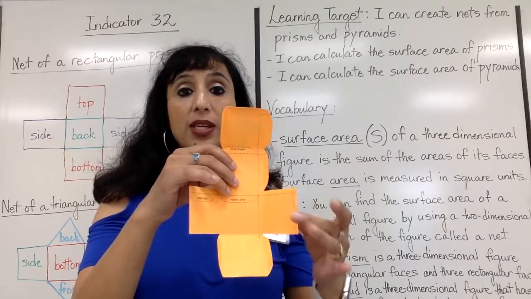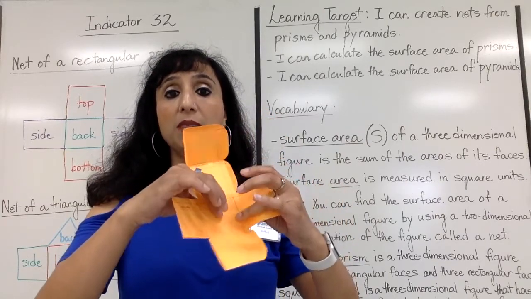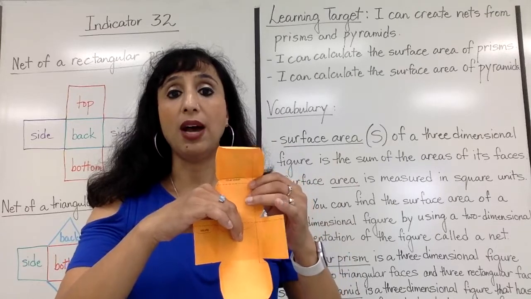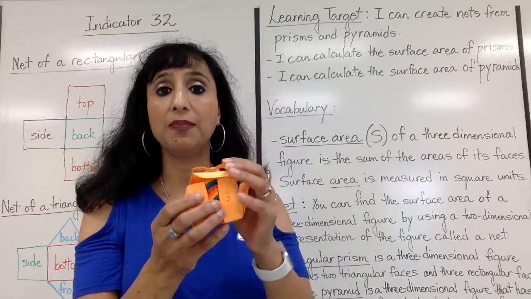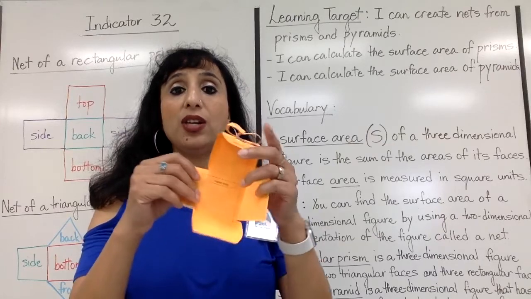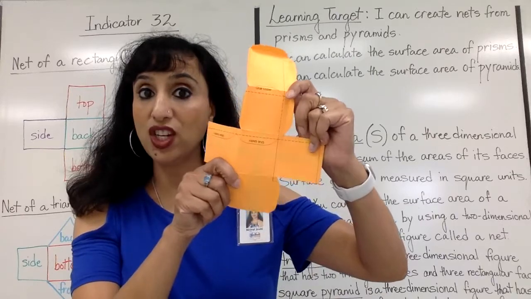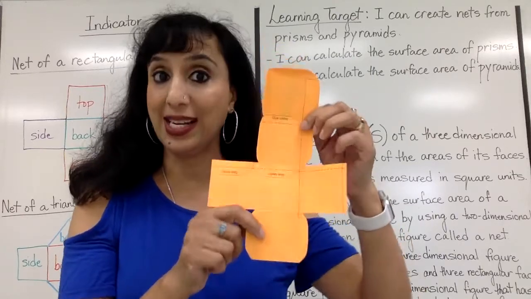This is a side, this is a side. This is the bottom here, that's the top. You have a front and you have a back. So that is 6 faces. When a three-dimensional shape is opened up like this, it becomes a two-dimensional shape, which is called a net.